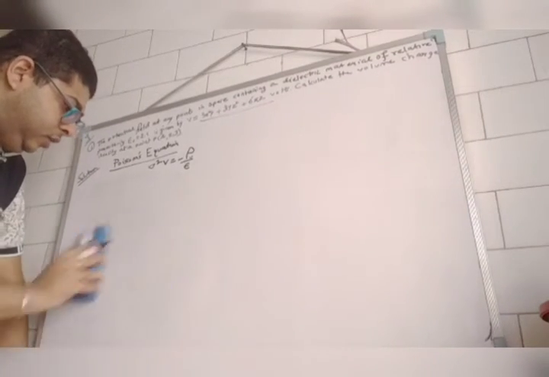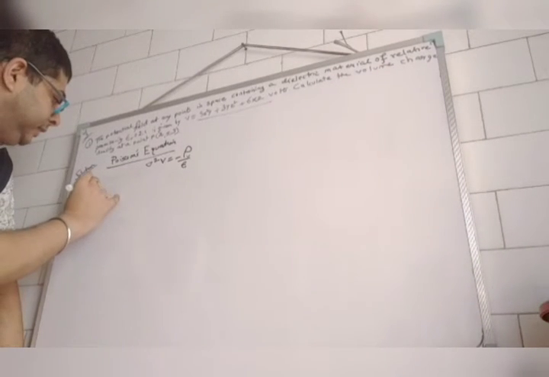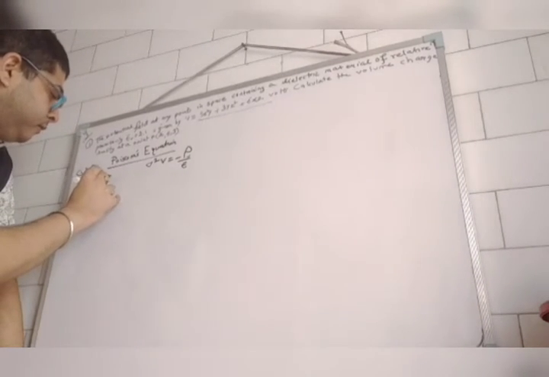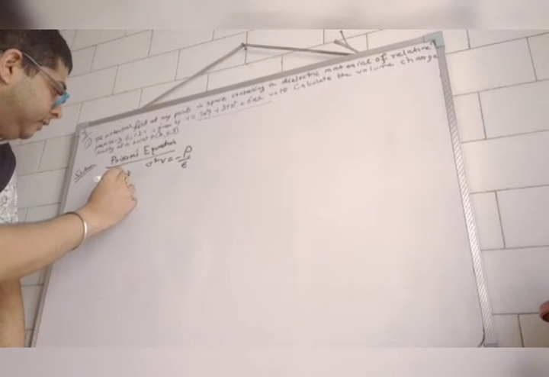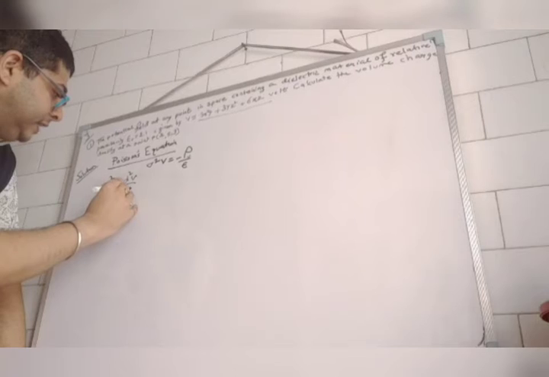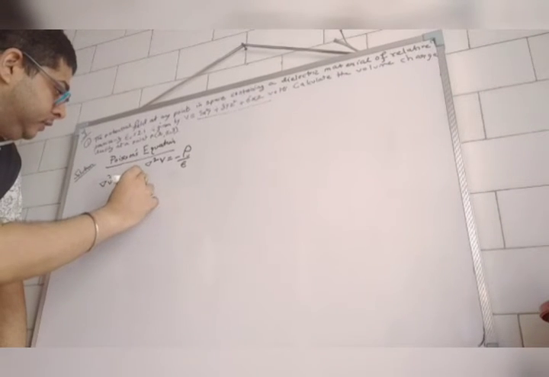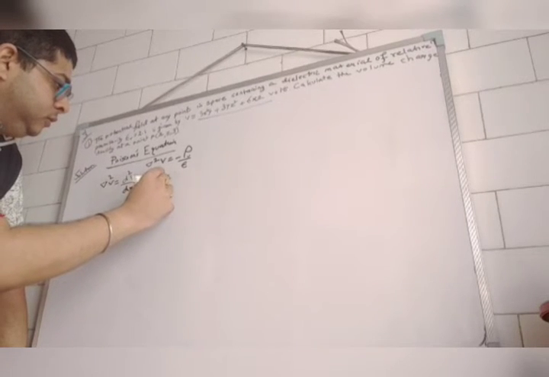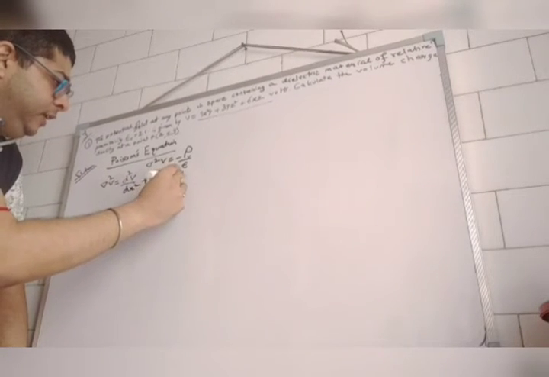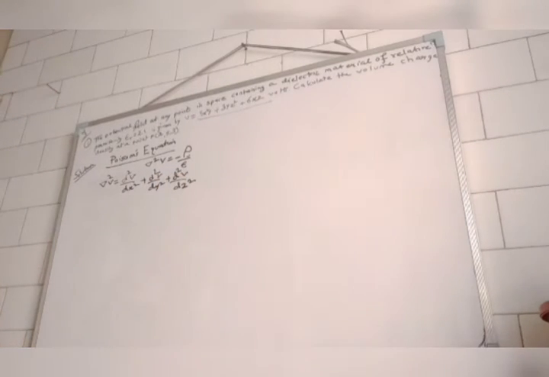Let us see what is the formula of this del square V. If you recall, del square V is d square V by dx square plus d square V by dy square plus d square V by dz square.